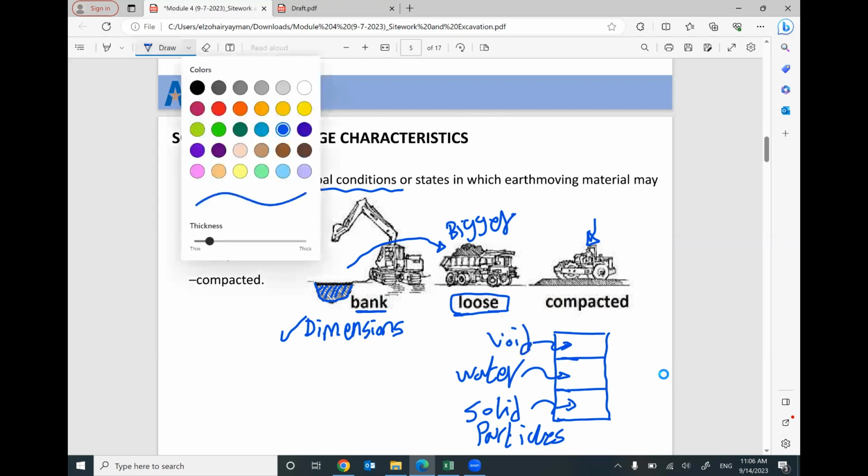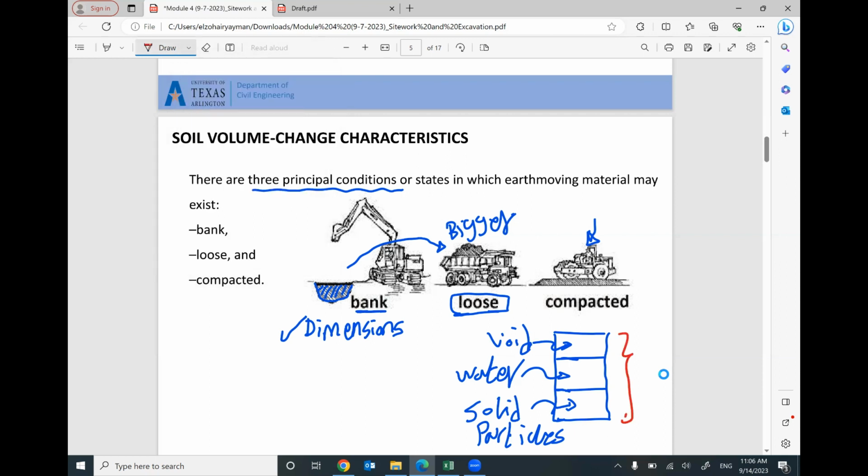If you would like to change the volume of this soil, we will change the void volume or water volume. So if you reduce the void, the total volume of the soil will be reduced when you are doing compaction. If you increase the void, the total volume of the soil will increase when you are excavating a soil and converting it to the loose condition.